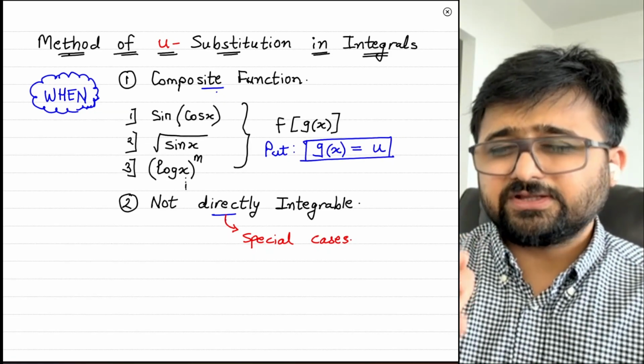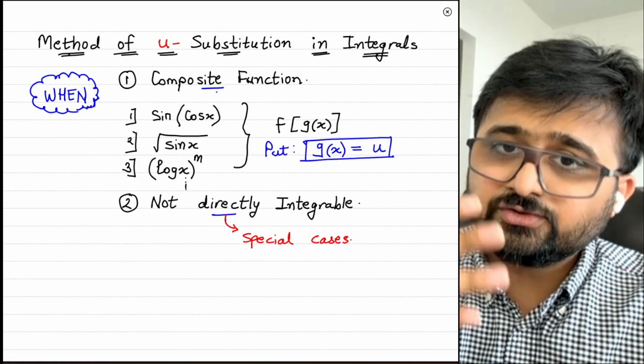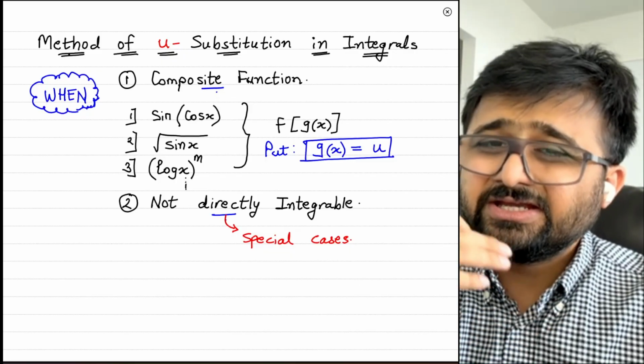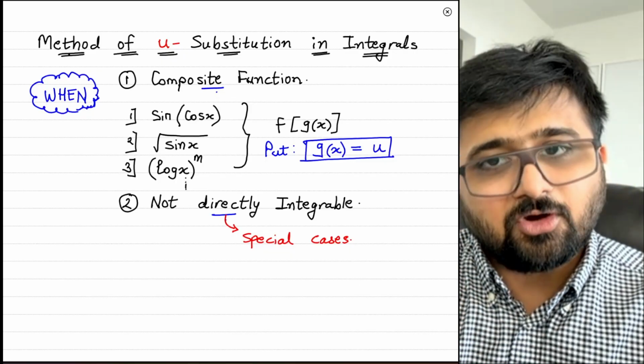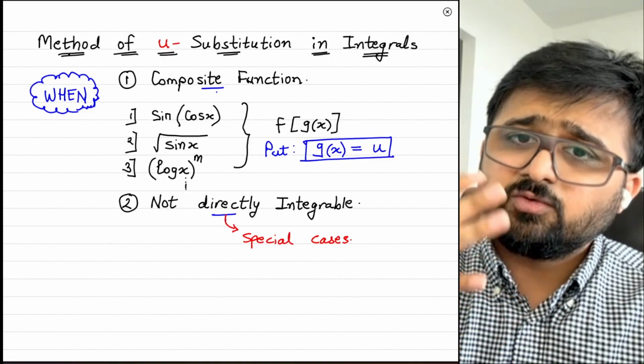Now, whenever you do the method of u substitution, there is one condition that should always be satisfied in order for you to be able to do u substitution: the derivative of that u should always be present in that integral. What do I mean by that?